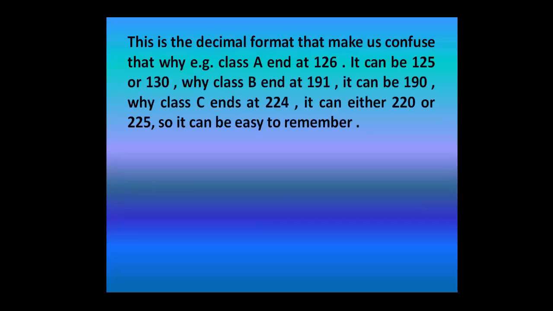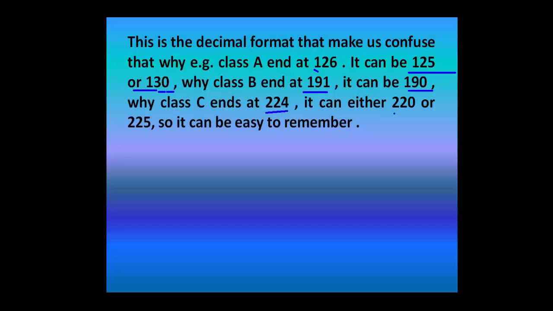That is the decimal number format that we are discussing. Why does A class end at 126? It could be 125 or 130. Why does B class end at 191? It could be 190, easy to remember. Why does C class end at 224?